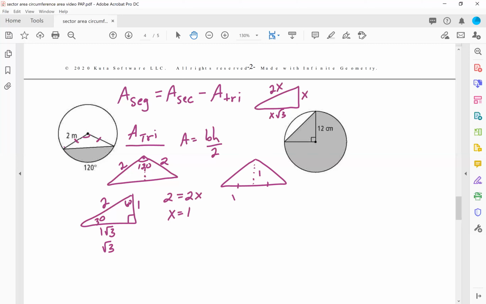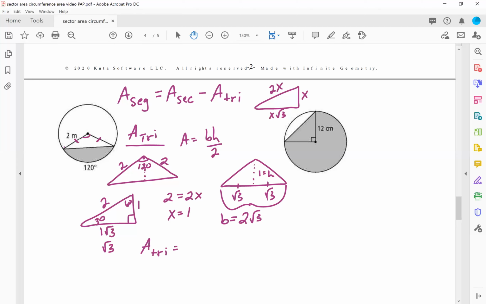They are each square root 3. So the whole thing, well, I have a square root 3 and another square root 3, so I have 2 square roots of 3. So this is going to be the base of our triangle, and then the 1, that's the height of the triangle.